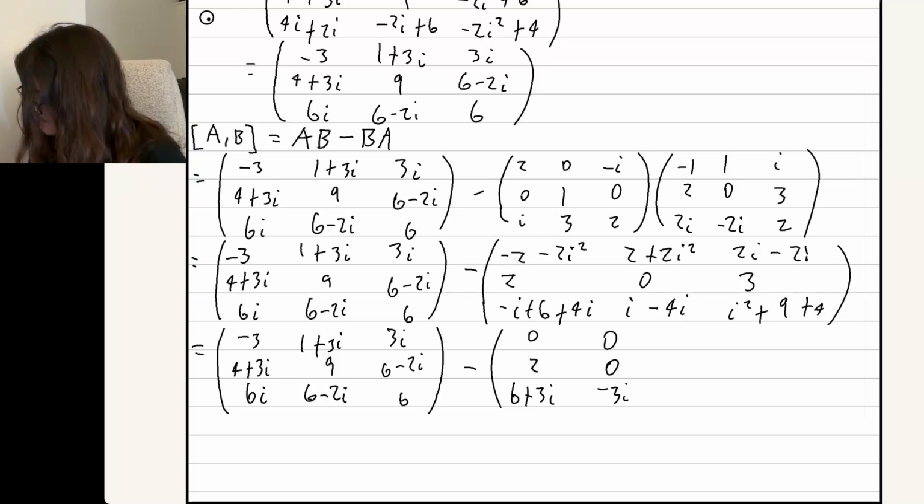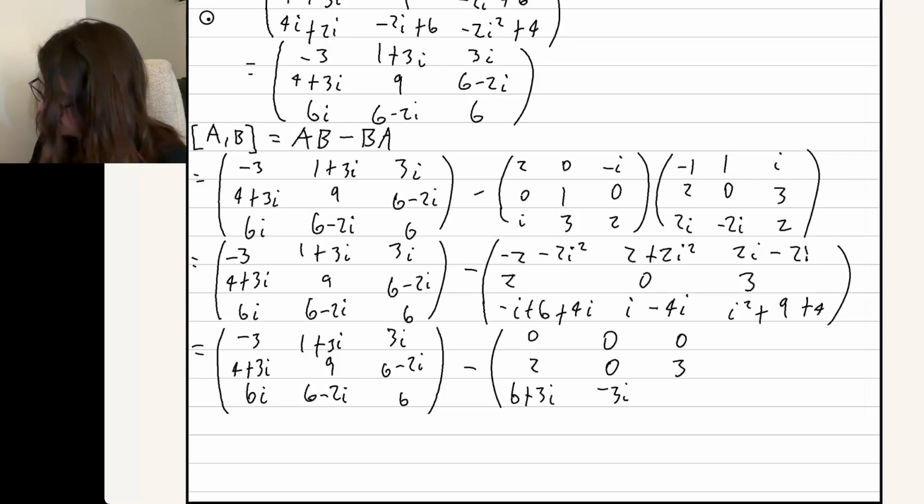And then this is 2i minus 2i, so still 0 there. 3, that's minus 1 plus 9 plus 4, so 12 here.